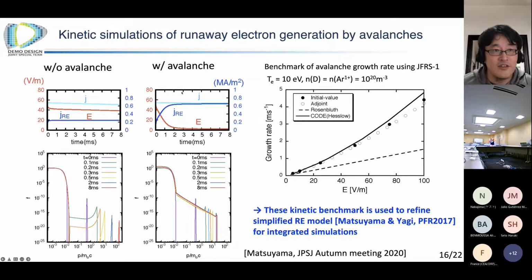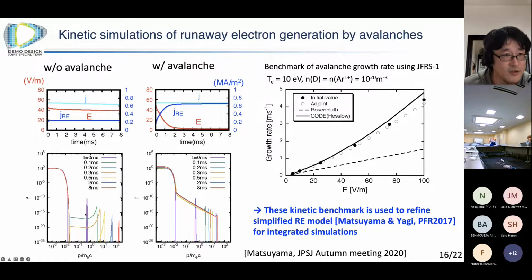To simulate such runaway electron generation, we started from the kinetic simulation of runaway electron generation. This is an example of the simulation of the runaway generation. Let me try to be more quick. The left figure shows the time evolution of the distribution function without the avalanche amplification, and the right case takes into account the avalanche. The simulation starts from this seed electron in the relativistic regime.